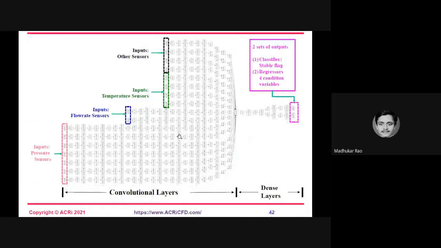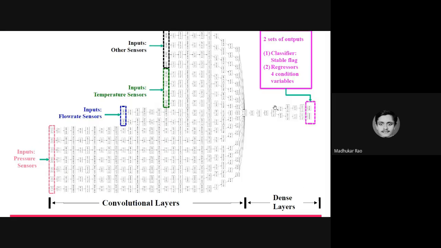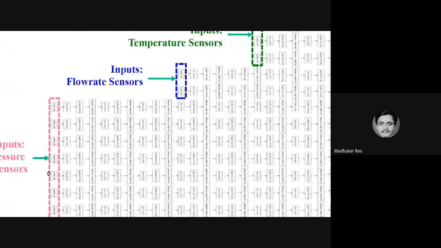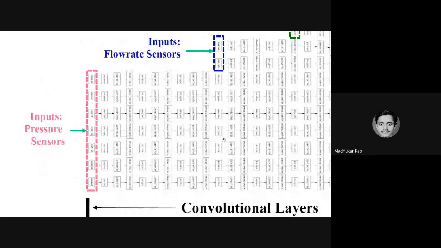It looks a little complex, but it's not really so. If you keep in mind the block diagram and think in terms of blocks, then you have the convolutional layers followed by some dense layers followed by two outputs, and you can see the pressure sensors take 6,000 inputs each. 6 times 6,000 inputs.